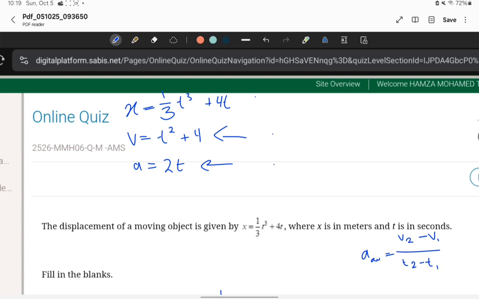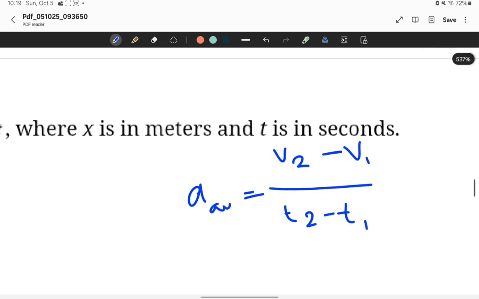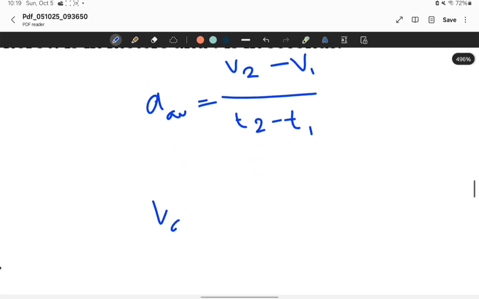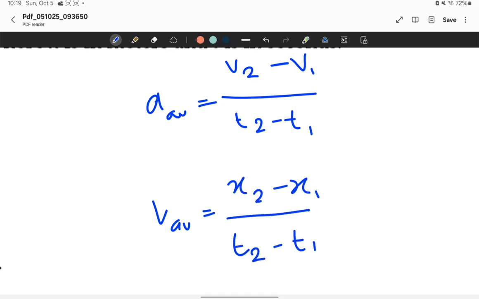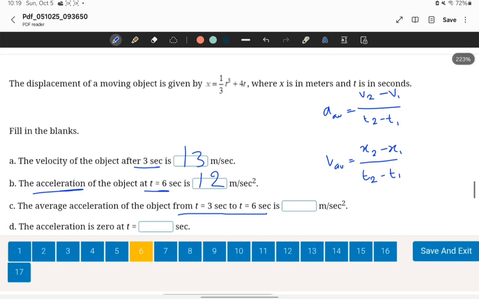When they want the average, we need to do v2 minus v1 over t2 minus t1. And for average velocity, that would mean x2 minus x1 over t2 minus t1. Don't get these mixed up. So here they're asking of the object from t = 3 to t = 6. That means they want the average.